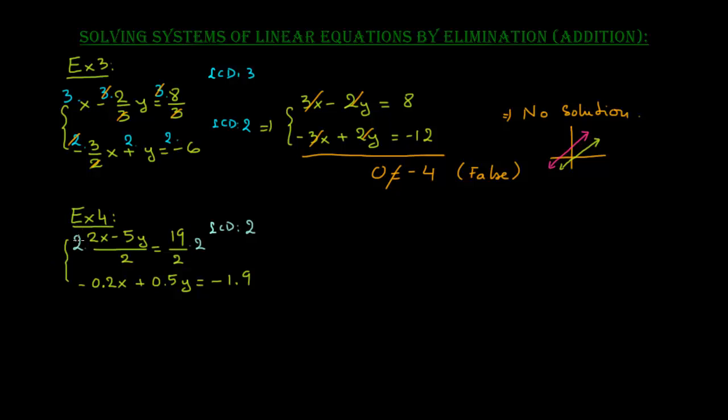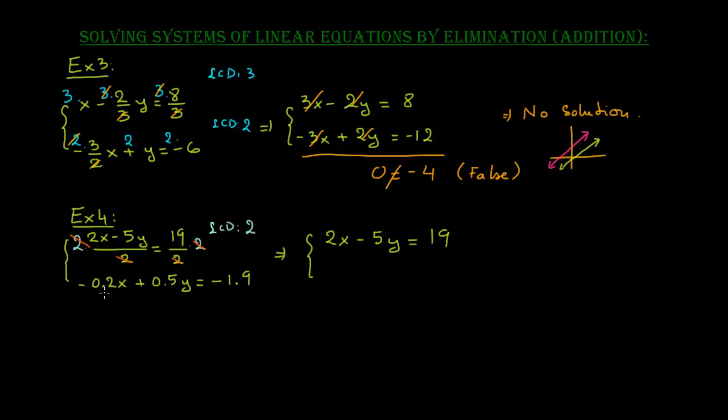But I'm not going to distribute the 2 into the numerator. My goal is to cancel out with the bottom, which gives me the new equation 2x minus 5y equal to 19.